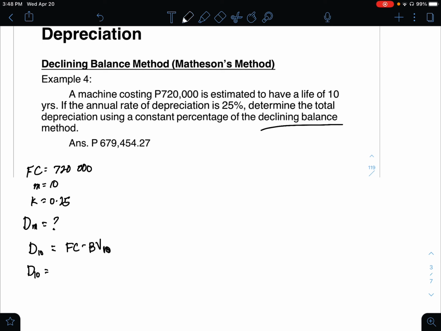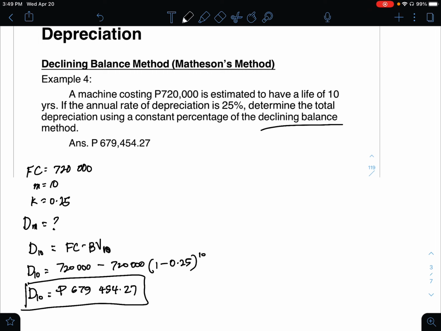The total depreciation at 10 years is 720,000 minus the formula for BV, or the book value at 10 years, which is the first cost times 1 minus k raised to the power of m. So therefore we get the total depreciation, which is 679,454.27, and that is your final answer.